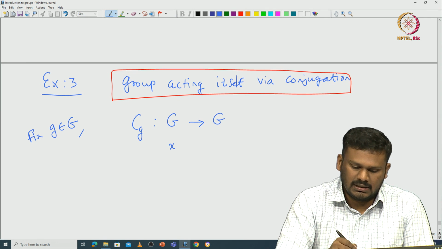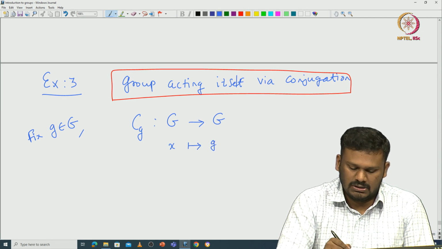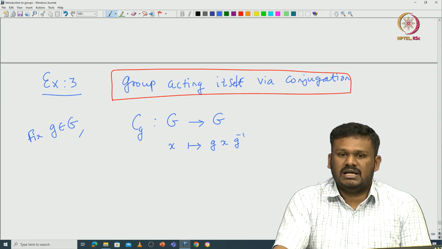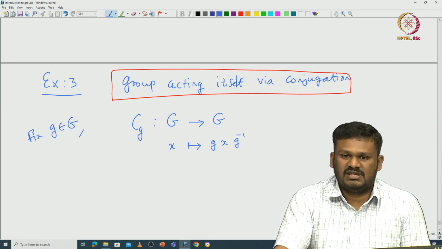So, that is the map we are interested in. Given x, you look at g x g inverse.